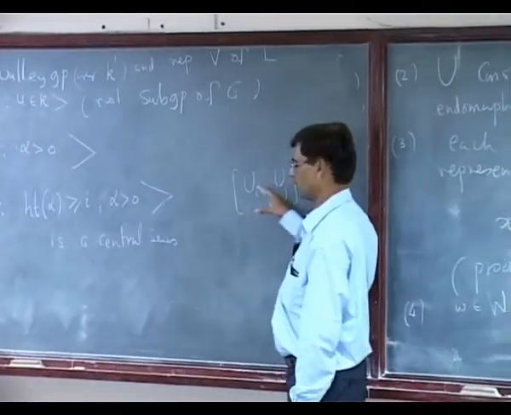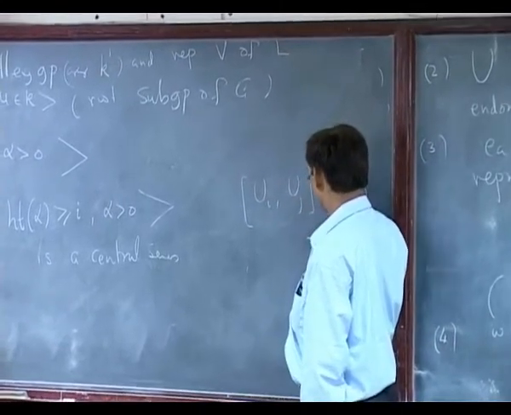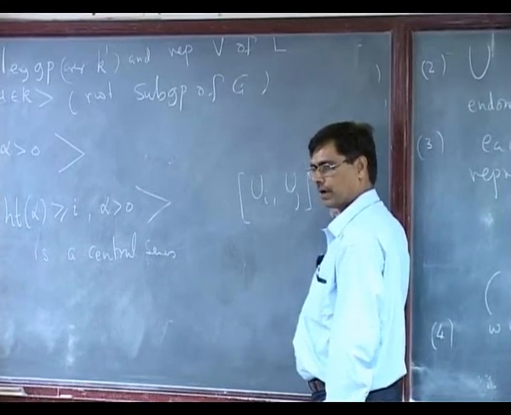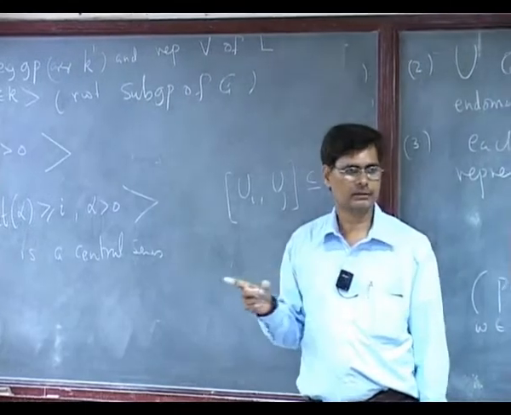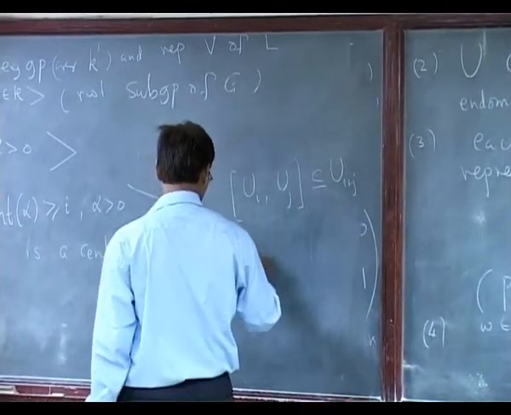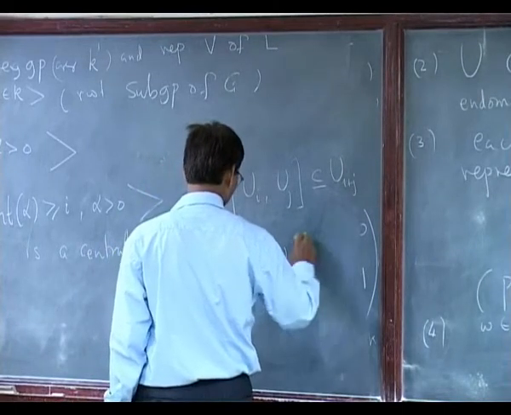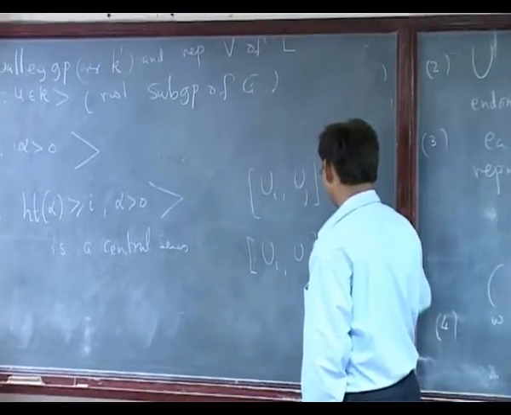If I take the commutator subgroup of these, it will be contained inside here, with height greater than or equal to i plus j. So, in particular, if I take u_i and u, then this is going to be contained in u_{i+1}.